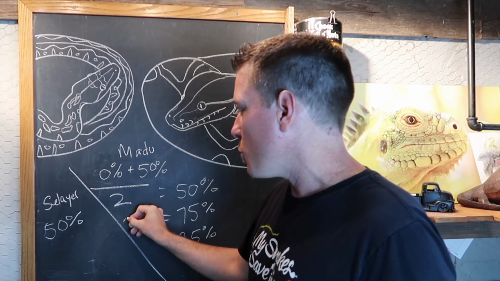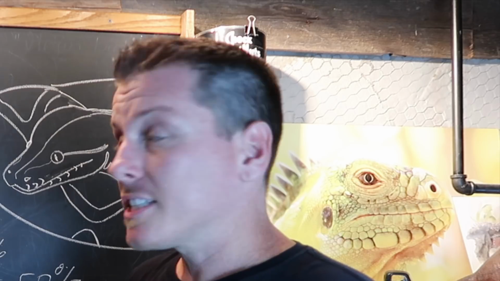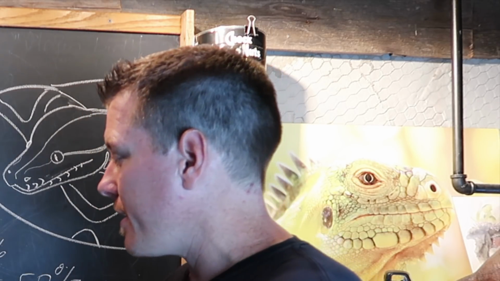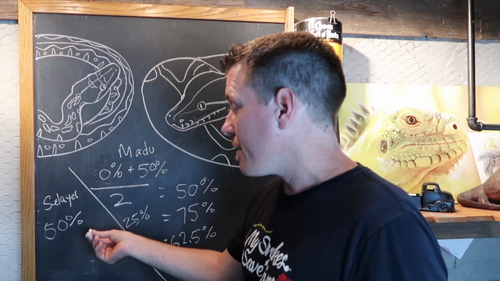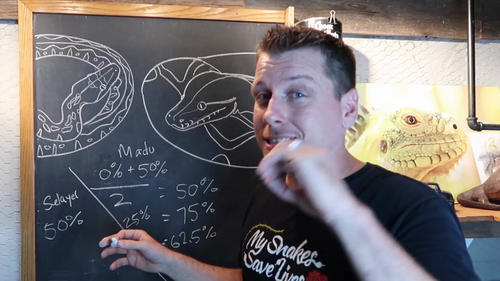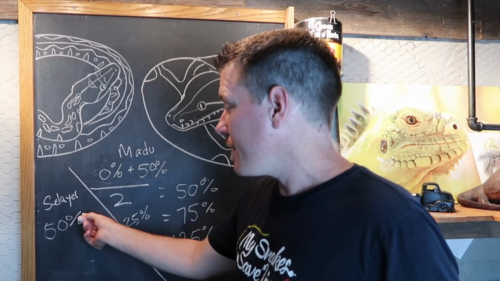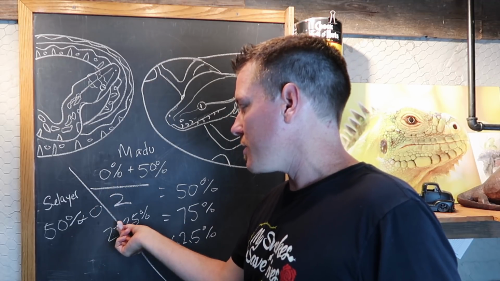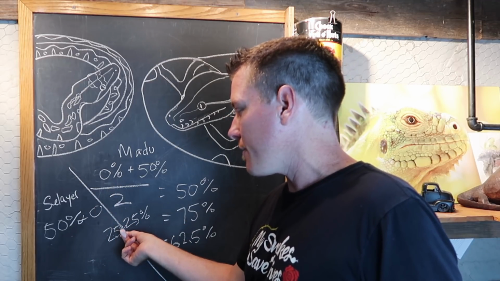Divide by 2, you get 25% Madu. And on the Slayer side, to calculate the percentage of the Slayer from it, we're going to take our 50% Slayer and breed it to, remember it's a 50% Madu, but that 50% Madu has 0% Slayer in it. So 50 plus 0 is exactly the same calculations. You're going to get 25% and 25%.